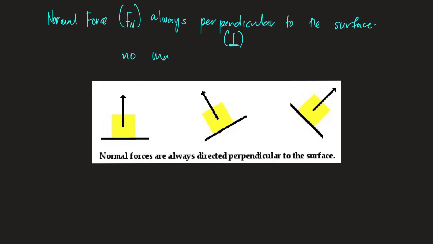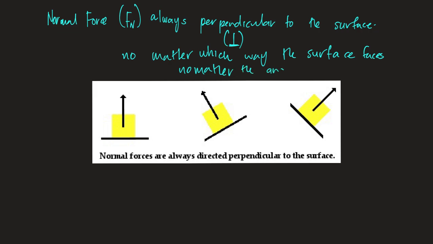no matter which way the surface faces, and also no matter the angle. So when we draw the normal force in these types of diagrams, whatever the surface, they must be perpendicular to the surface.